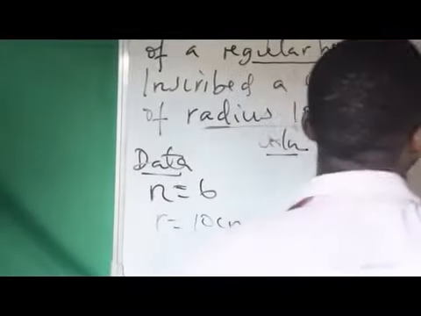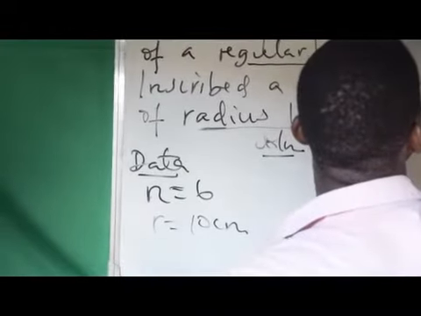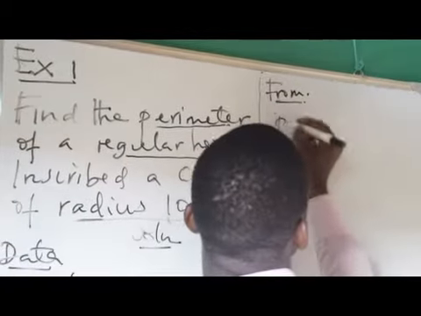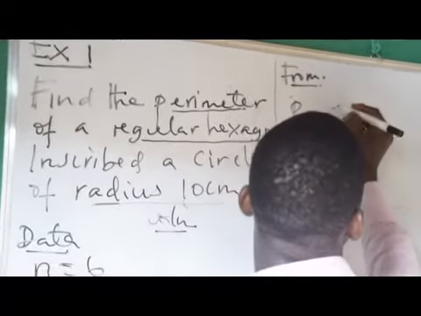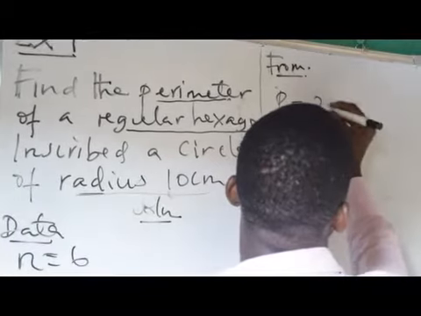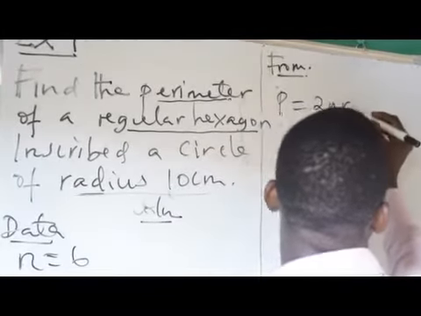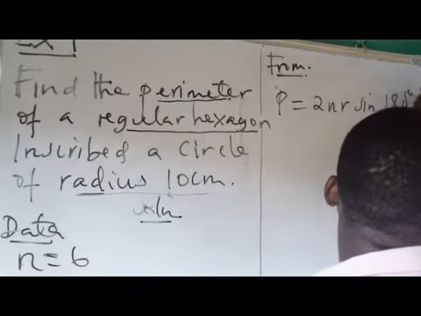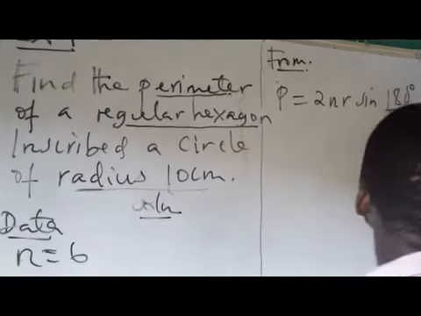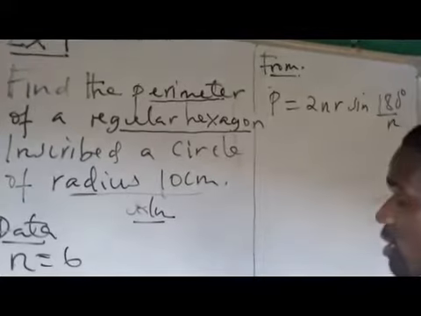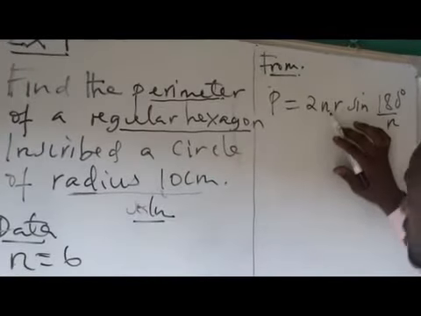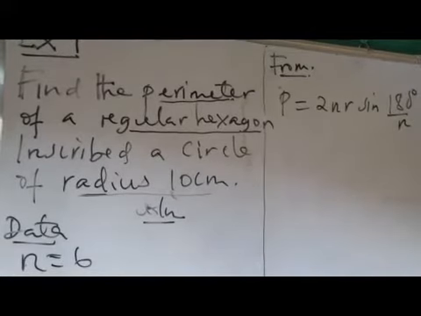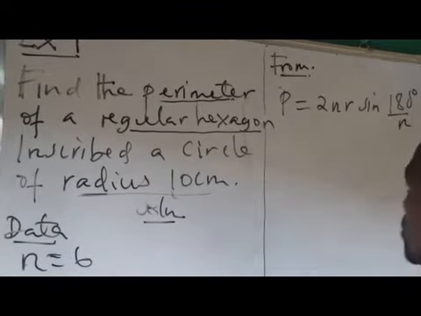So we say perimeter equals twice n r, the sine of 180 degrees over n. Actually, you plug in the information: n equals 6 and r equals 10 centimeter, then compute. Things will be over from there.